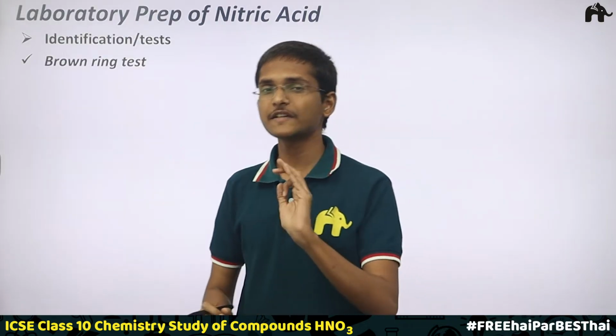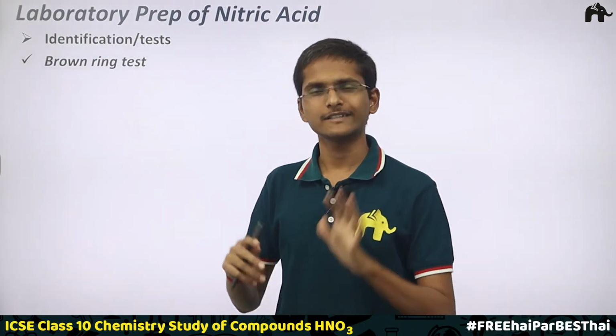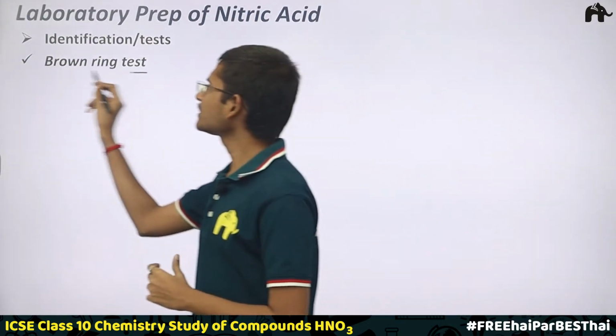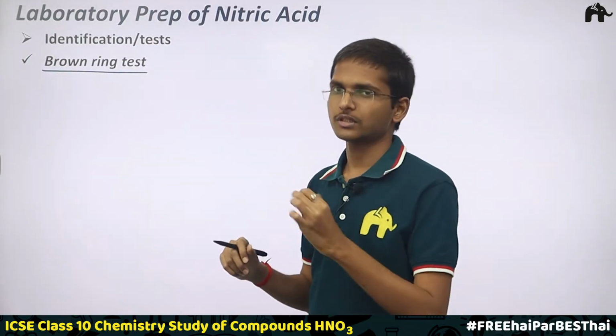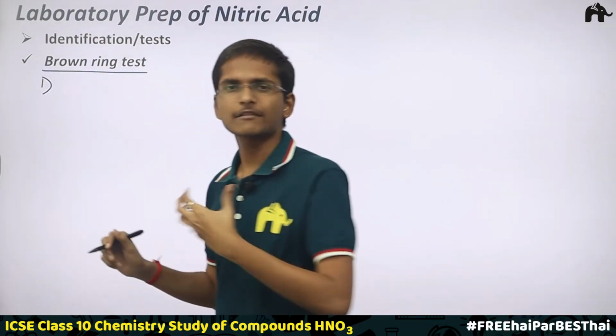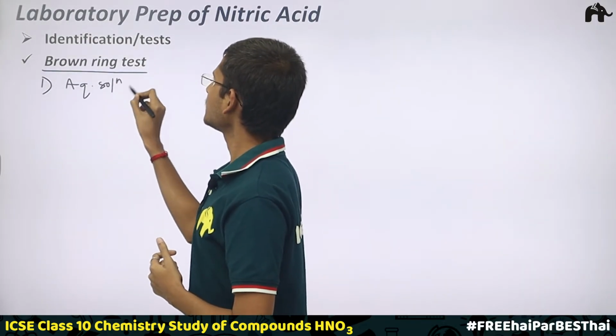Now the third interesting test which we can perform, to make sure that this is nitric acid, is the brown ring test. It is a very interesting test. I'm telling you the procedure. The first step is that we need an aqueous solution of nitric acid.